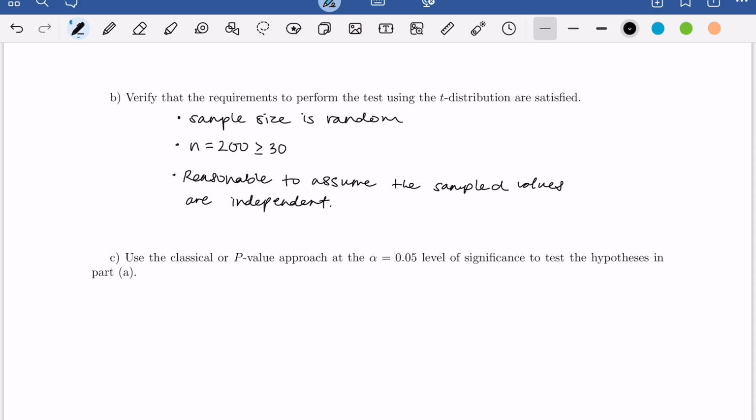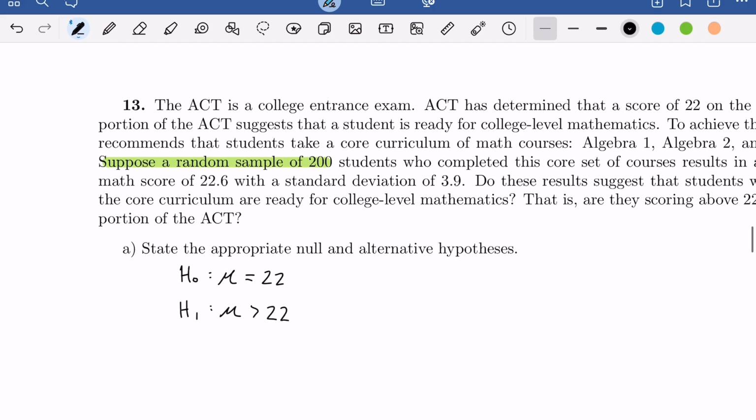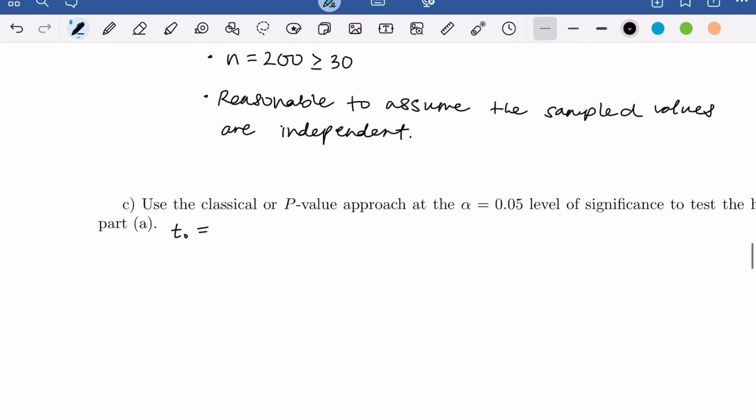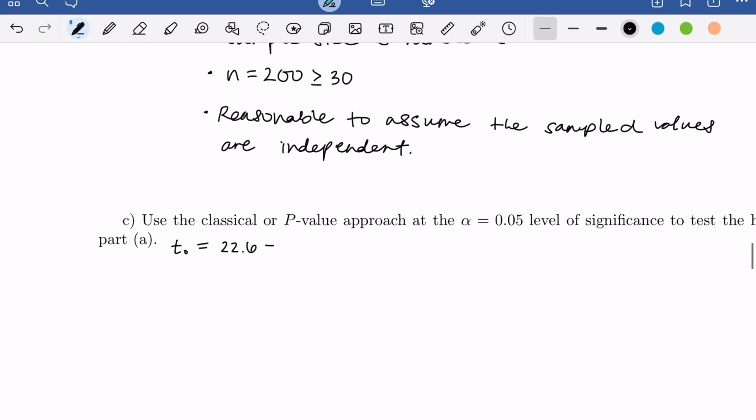So the first thing that we need to do is find our test statistic. Since we're using our t-distribution, this is going to be given by t naught, but it's going to be the same formula. We know that it's going to be our sample mean, which was given in the problem as 22.6. And then we're going to subtract out our mean that we're assuming to be true in this case, which is 22.